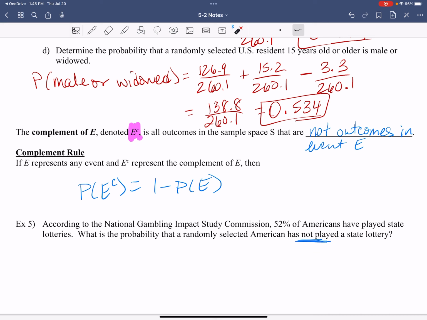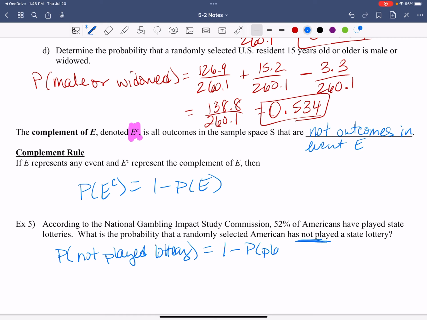So I want the opposite of what's going down here. So the probability they've not played the lottery is 1 minus the fact that they have played, because I want the other piece to it.